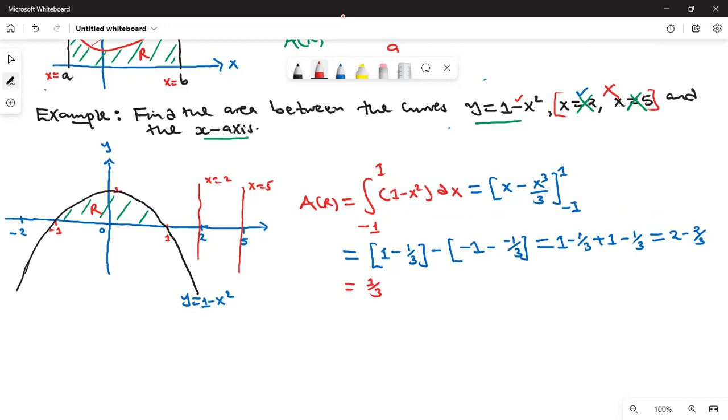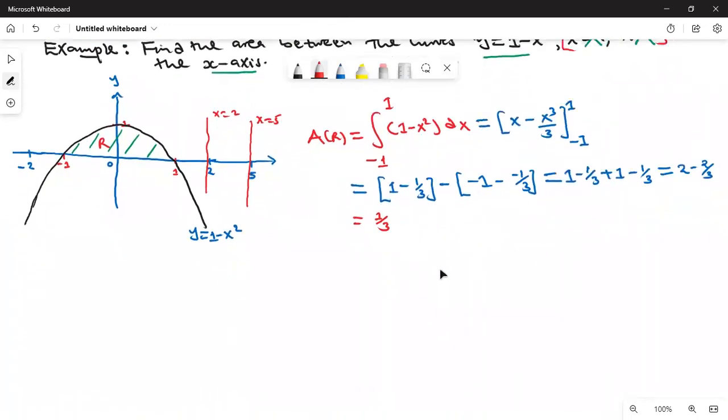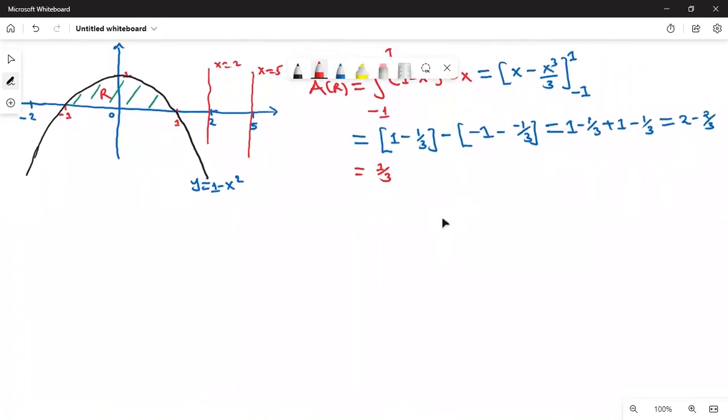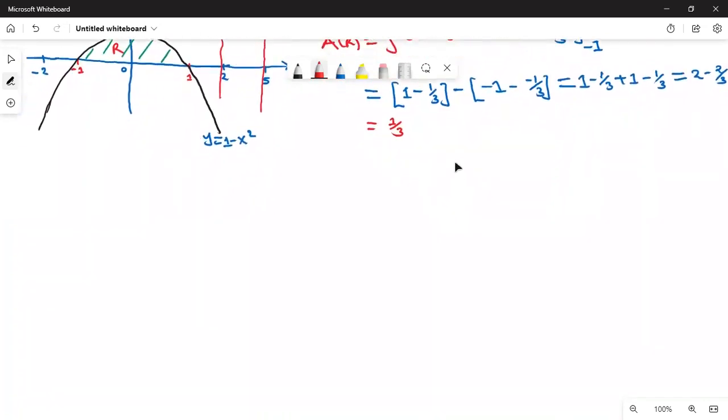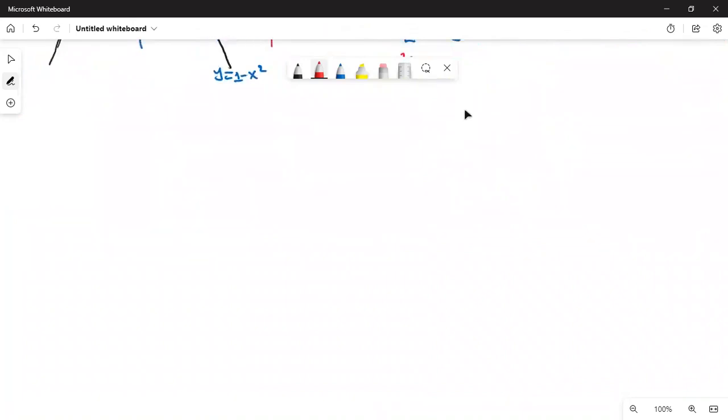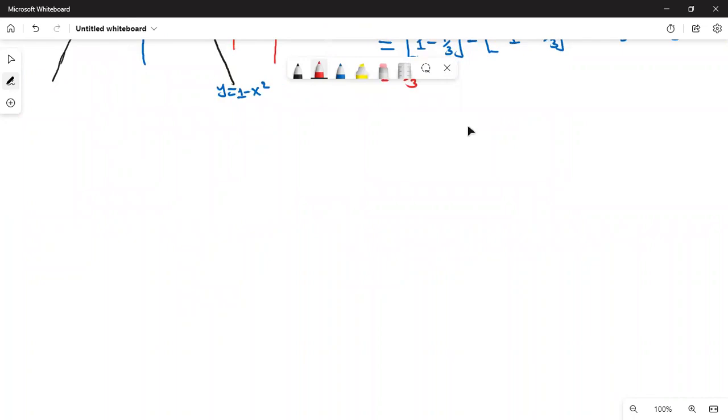You see, the way it is very simple. If you sketch, it will always give you that region of interest. You can look at more examples as long as you know what you mean by area.